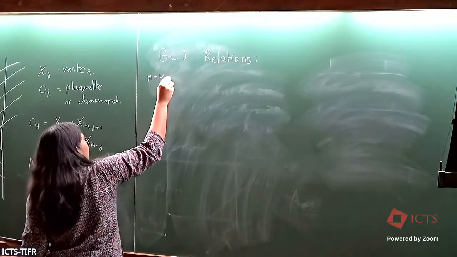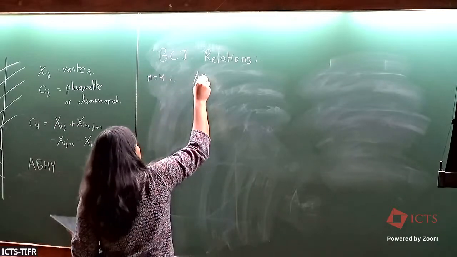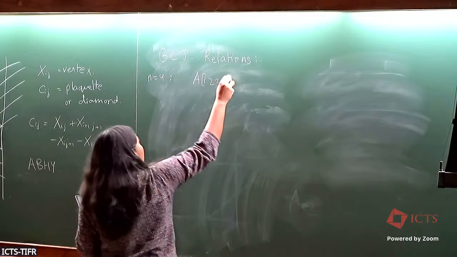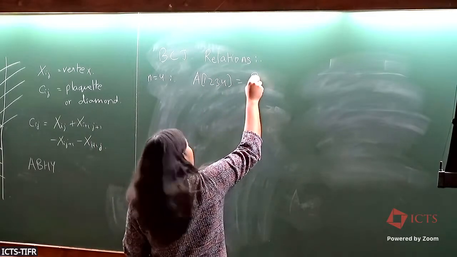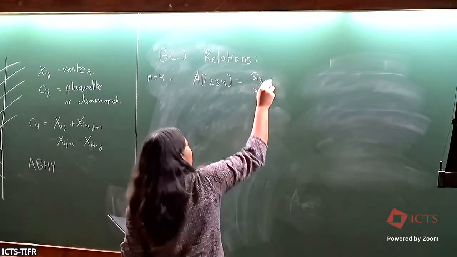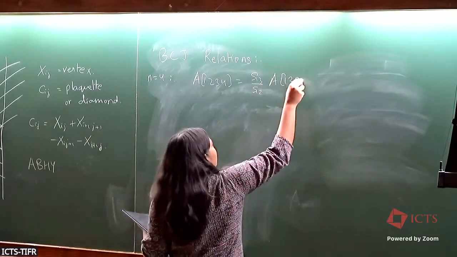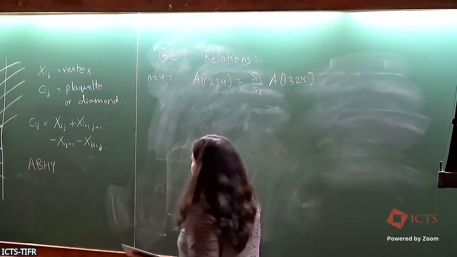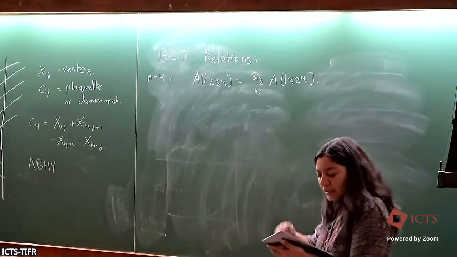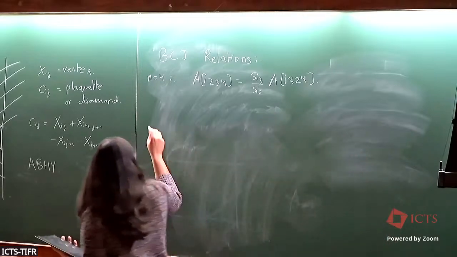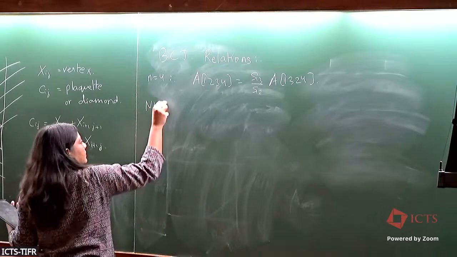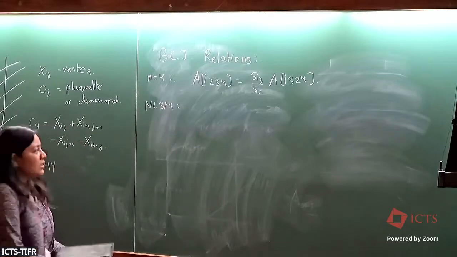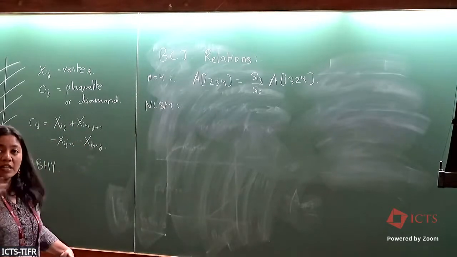Let's just look at n equals 4. It's a very simple relation. It's S13 A(1,2,3,4) equals S12 A(1,3,2,4). This looks very simple, but there's a lot of physics you can pull out of this. Let's first look at the NLSM. The nonlinear sigma model of pions only has 4-point interactions.